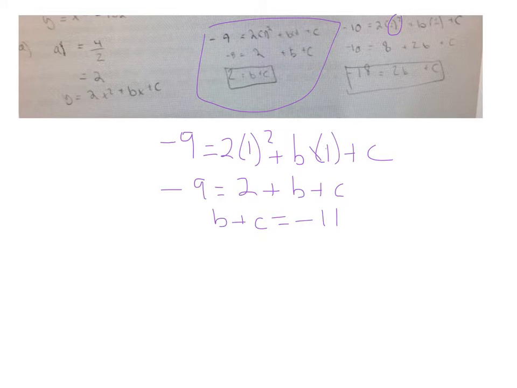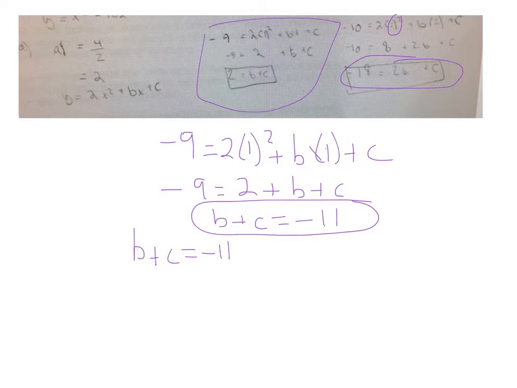So if you take this equation and this equation and you solve it as a system of linear equations, by elimination or substitution, so b plus c equals minus 11 and 2b plus c equals minus 18.